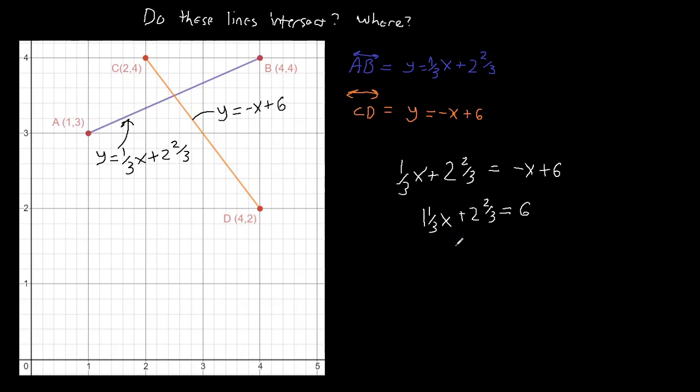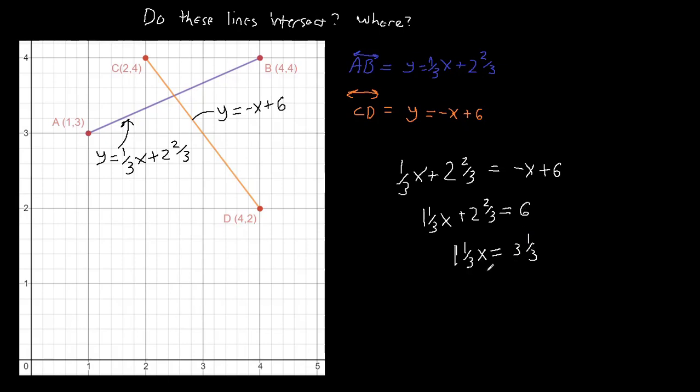So we're going to have 1 1/3 x is equal to 6 minus 2 2/3, which is equal to 3 1/3. Because if you add 1/3 to 2/3, you get 1; 1 plus 2 is 3, and 3 plus this 3 is 6.